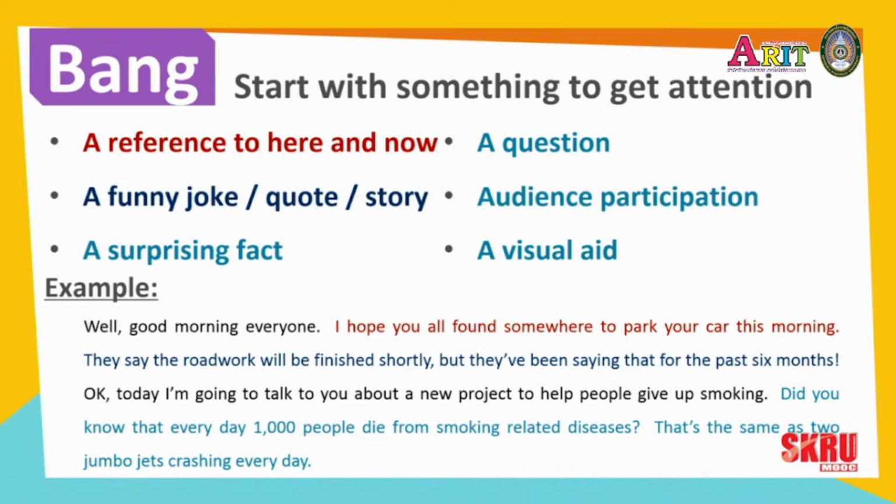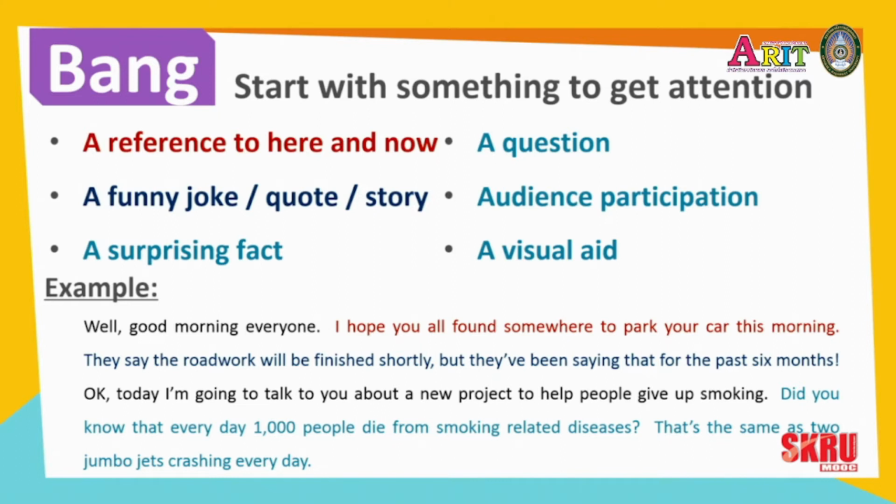Now, I've color coded the bangs in this example. So a reference to here and now is red. Everyone probably had difficulty finding parking in the morning, so it's something that everyone had to deal with that morning before they went to the presentation. There's the funny joke at the beginning where it's saying they've been saying for a while that they'll be done with the road work and they're still not done.